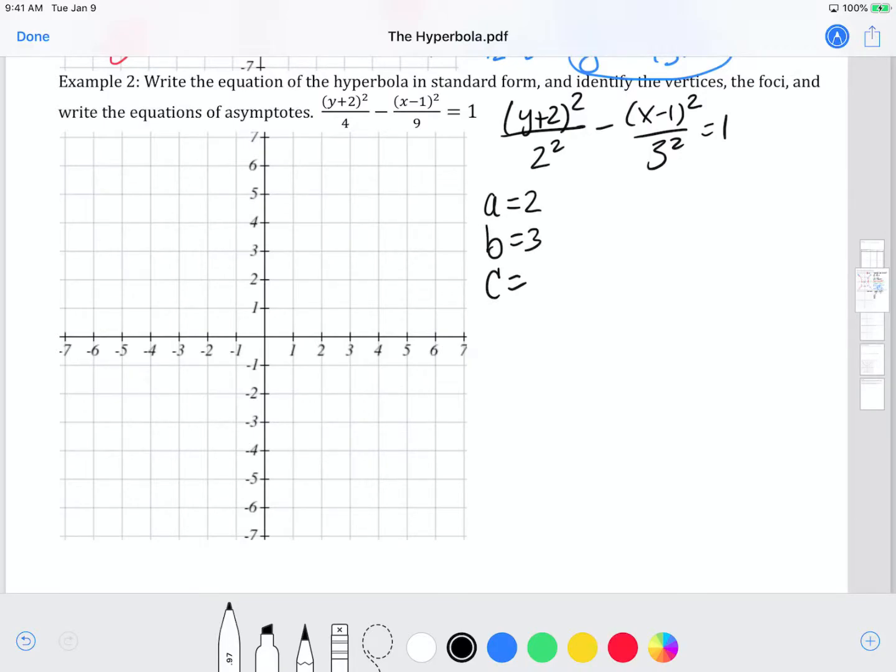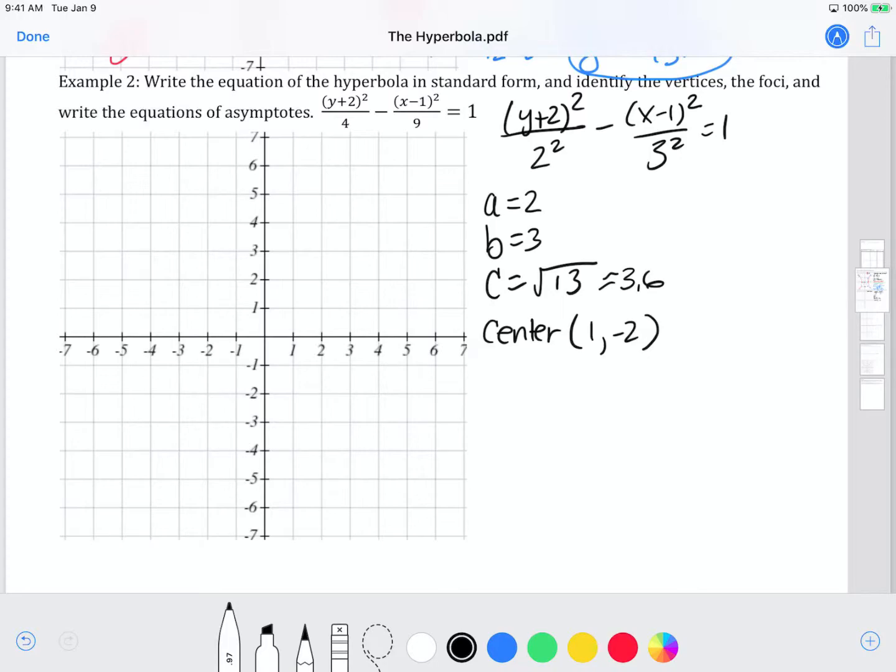And then if I use the formula c² = a² + b², c is going to be the square root of 13, which is approximately, in decimal form, 3.6. My center is going to be (1, −2). Notice, just because my y term comes first doesn't mean I put my k first in the center.